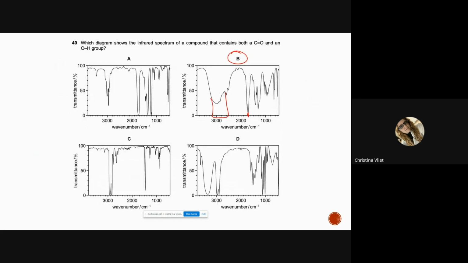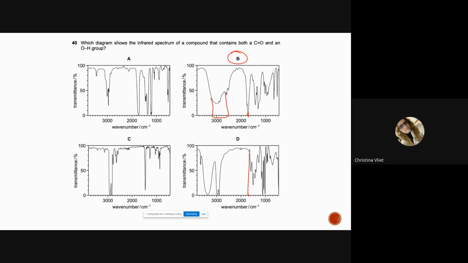Why not D? This is 1,700. There's nothing there. Definitely nothing strong.